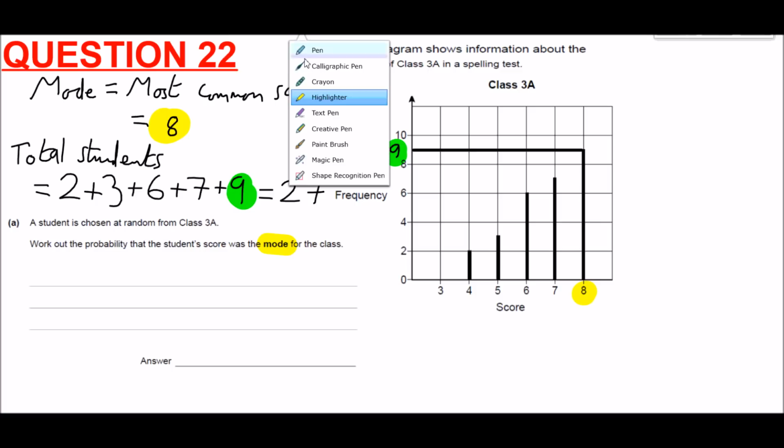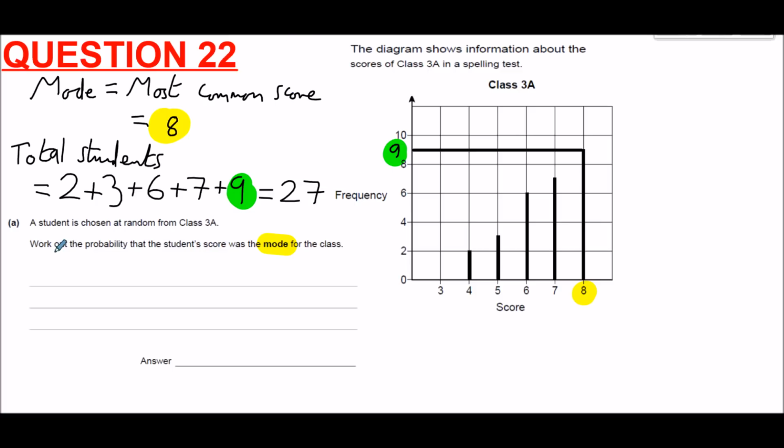And so because there's 27 students in total, we can say that 9 out of the 27 students scored the modal score of 8. So for our answer, we can just put 9 over 27. If it's a probability, we don't actually need to simplify. But if you wanted to simplify, we could say that 9 over 27 is the same as 1/3, because 9 and 27 both divide by 9.